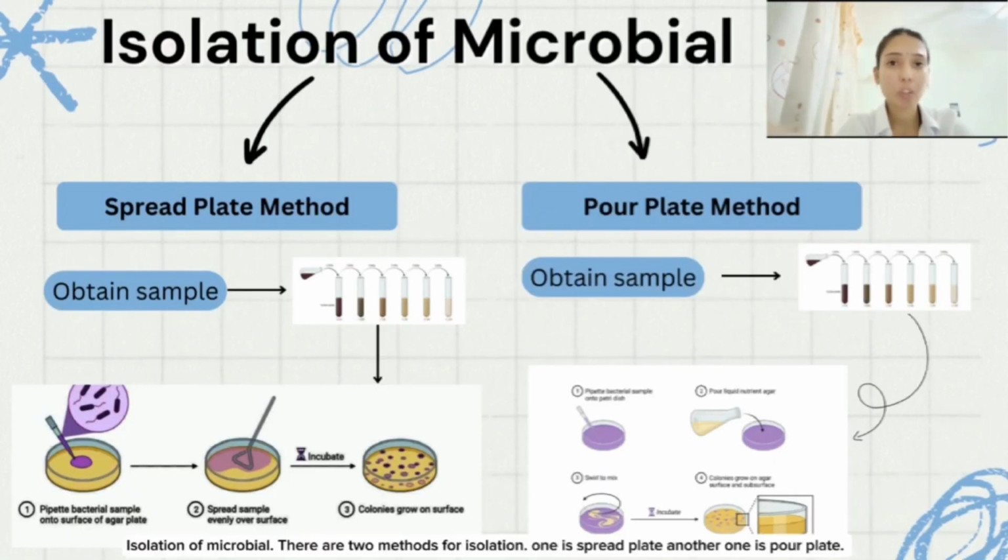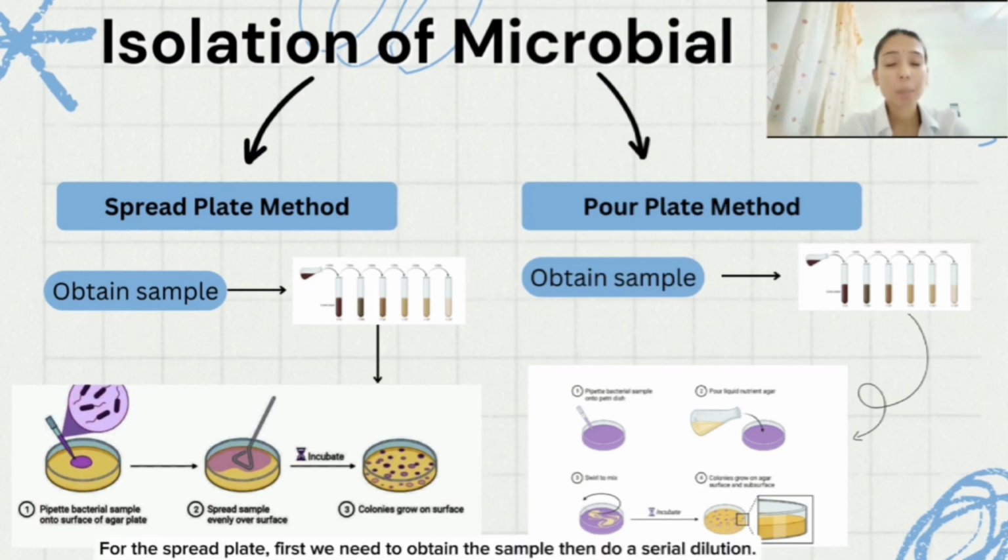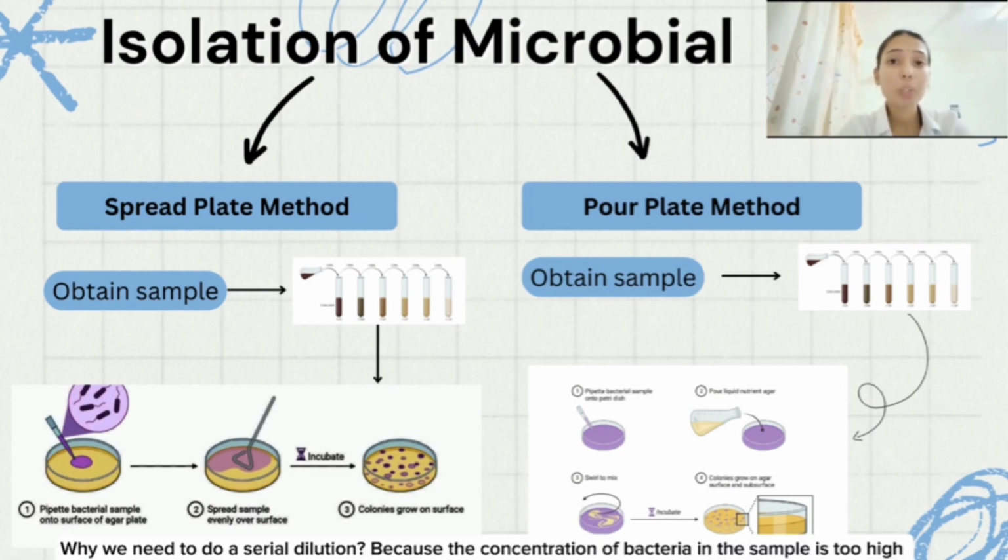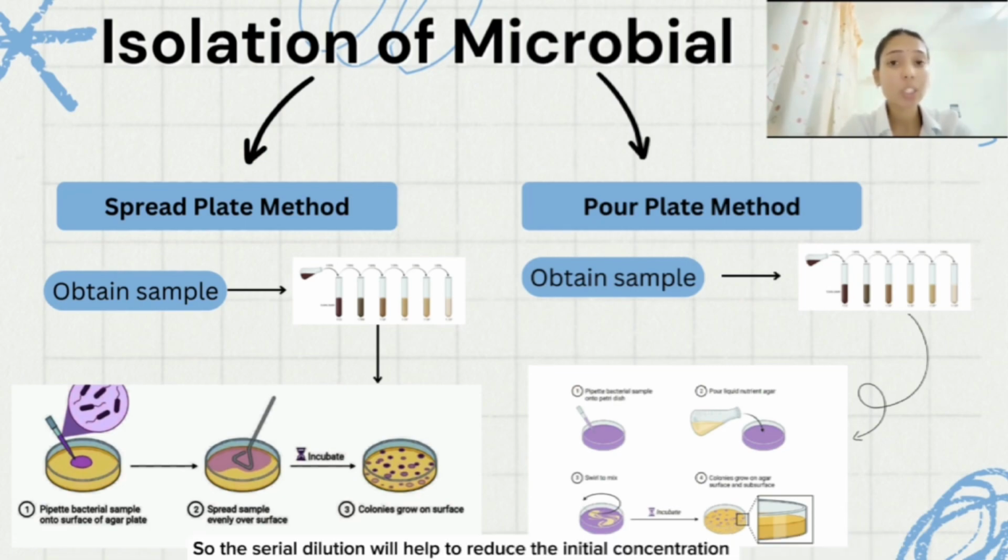Isolation of microbes. There are two methods for isolation. One is spread plate, another one is pour plate. For the spread plate, first we need to obtain the sample. Then we will do a serial dilution. Why do we need to do a serial dilution? Because the concentration of bacteria in the sample is too high. So the serial dilution will help to reduce the initial concentration, making it feasible to count colonies on the agar plate.